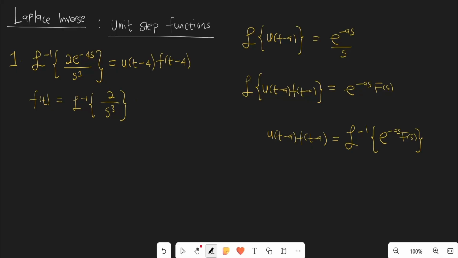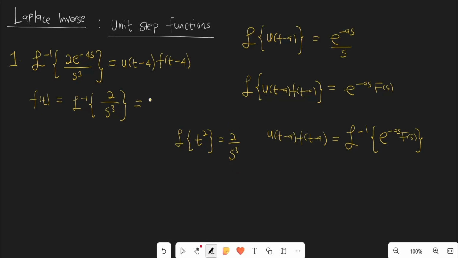So how do you find the Laplace inverse of 2 over s to the third?